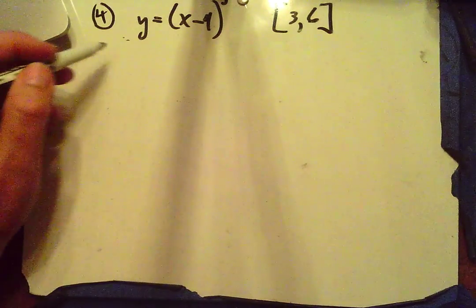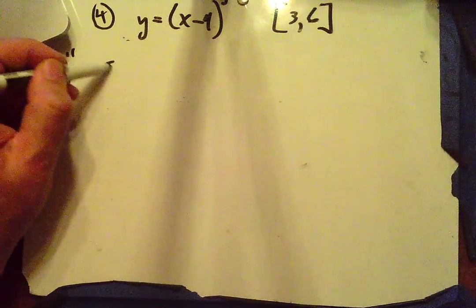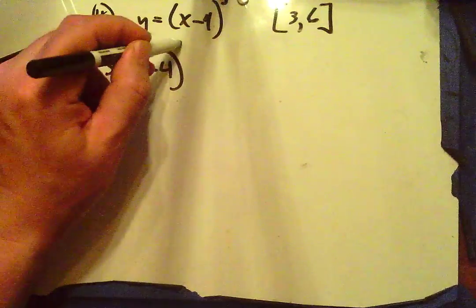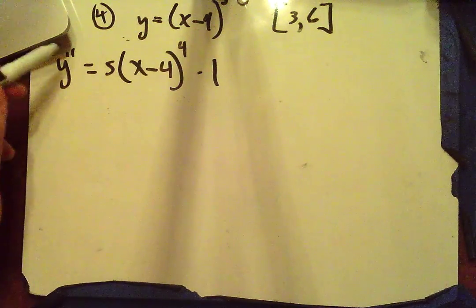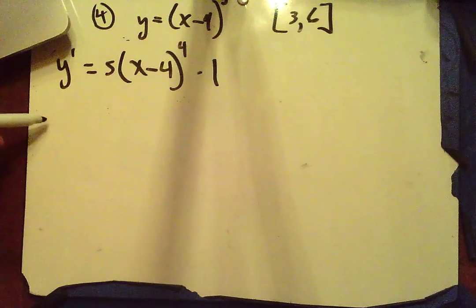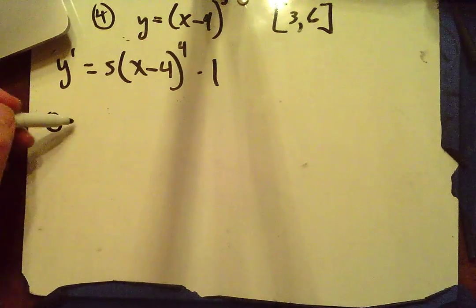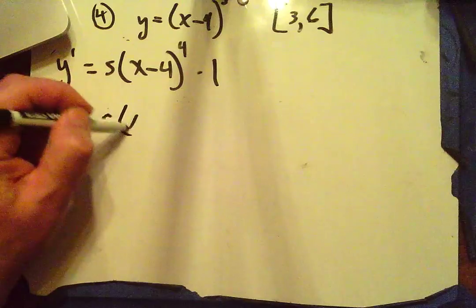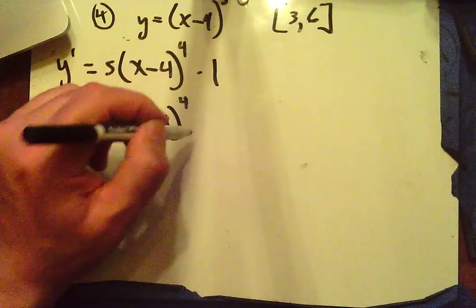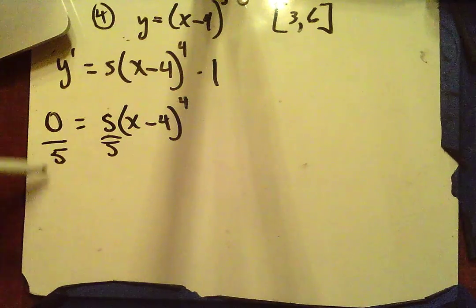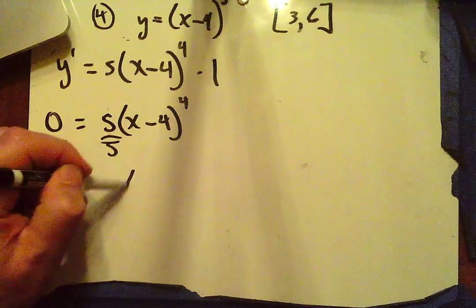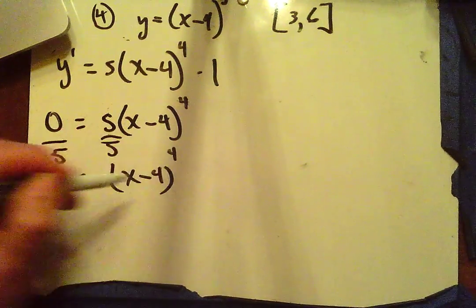But let's see. y prime equals 5 times x minus 4 to the 4th times 1. Okay, so if I set y prime equal to 0, 5 times x minus 4 to the 4th, and then I divide both sides by 5, I get 0 equals x minus 4 to the 4th.